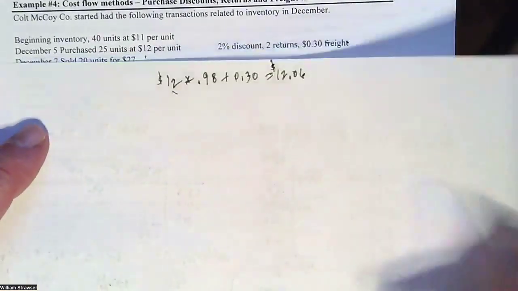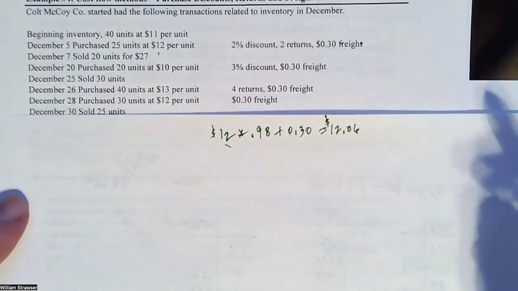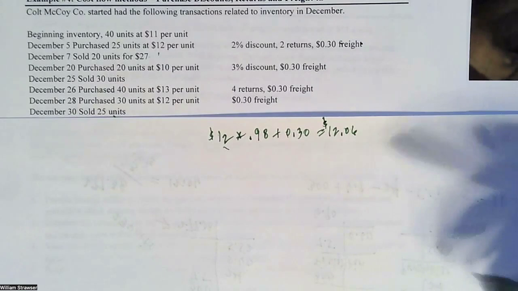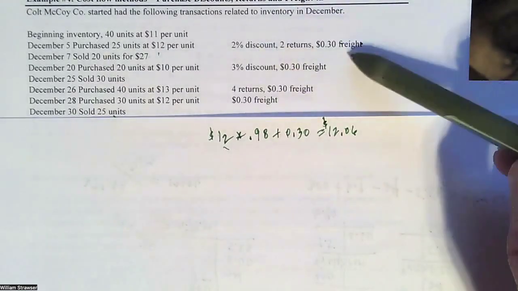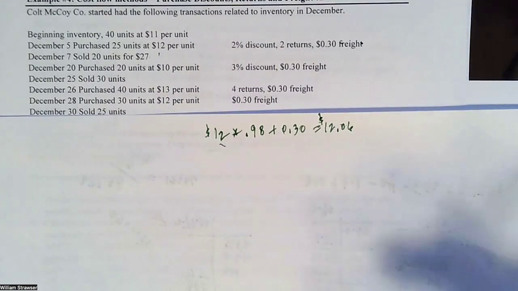So when you're thinking about a purchase sell log, this comes to some important things. Discounts and freight will affect the per unit price. So make sure that you know what the per unit price is and that you can calculate it.